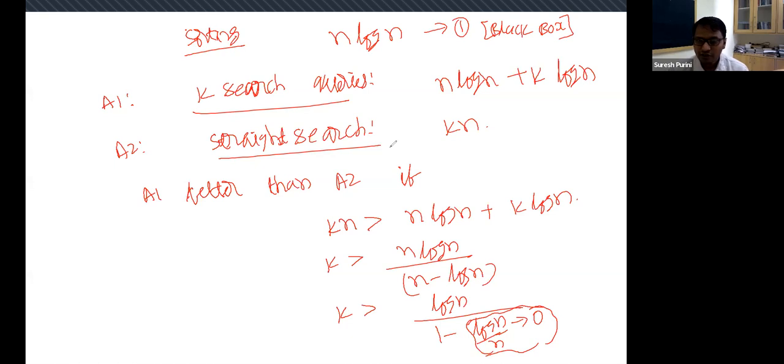If you think of yourselves as the machines, you want to do a machine independent analysis. The constant factors that come in, you can attribute to the machine speed, for example. So we don't really care about them so much.